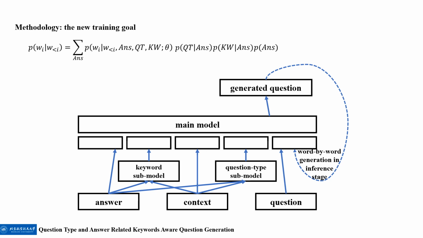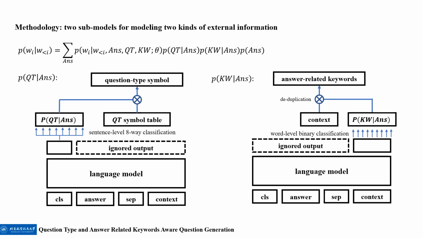And this modification makes the generation procedure much more explicit. Particularly, we adopt two submodels to predict the question type and the keyword information, which are both based on the sequential representation of the answer and its context.